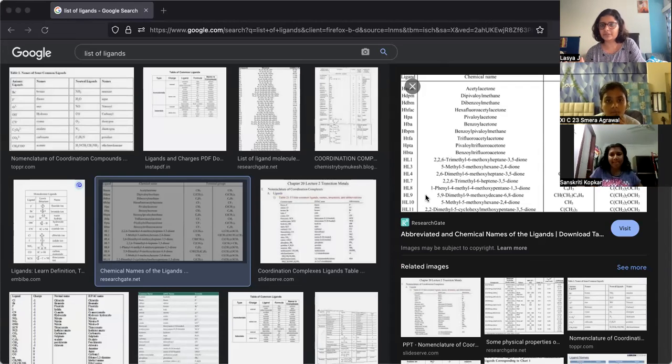So make that table, write it down once so that at least you'll have a point of reference there. And then we'll talk about the rules and then it'll be easy to practice nomenclature uske baad. Nomenclature rules.